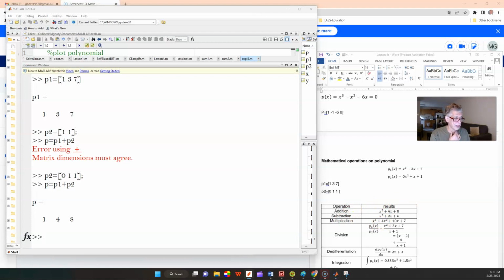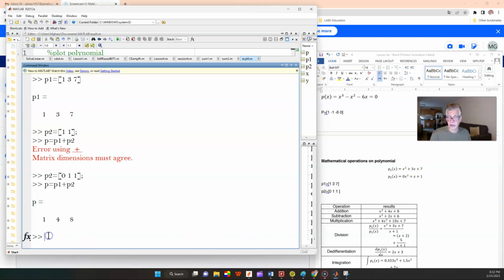How do you do multiplication? Well, when you are multiplying two polynomials, you can still use P2 represented in this way, no problem, all right? But you don't use multiplication, the asterisk. So let's say P is equal to P1 asterisk P2. If you do that, you will get an error.